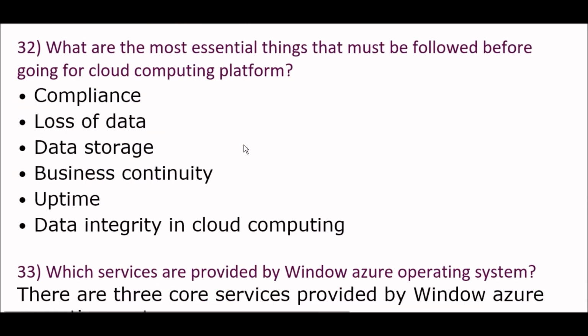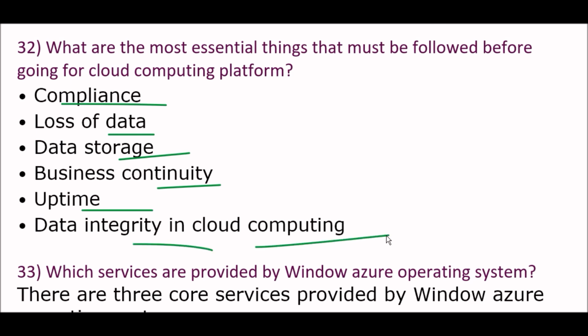What are the most essential things that must be followed before going for cloud computing platform? First most essential thing is compliance. Next one, loss of data. Next, data storage. Next, business continuity. Next, uptime. Next, data integrity in cloud computing.